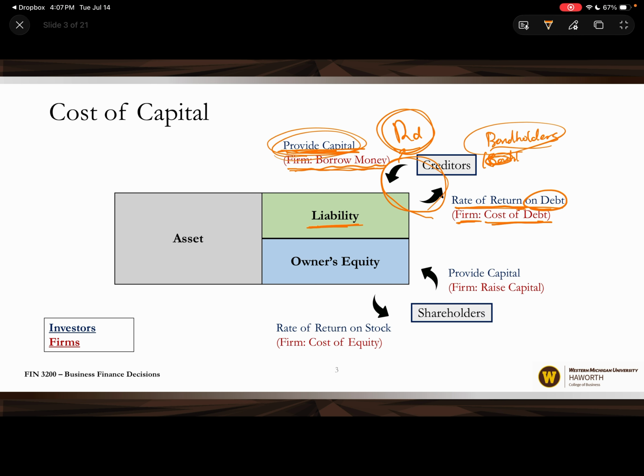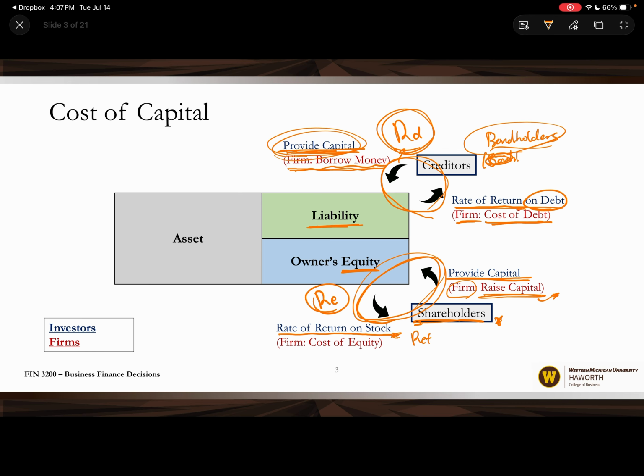The firm could raise capital using equity, by issuing stocks. So shareholders who purchase these stocks are providing money to the firm, right? And from the firm's perspective, they're raising capital by giving up partial ownership, right? So the rate at which this exchange takes place, we said this is RE, but from the shareholder's perspective, the investor's perspective, this is their rate of return on stock investment, return on equity, okay?